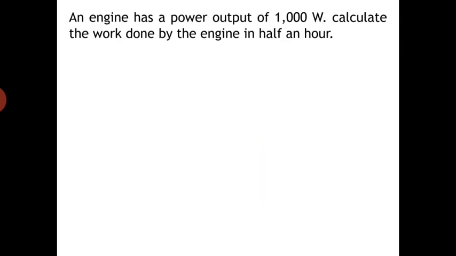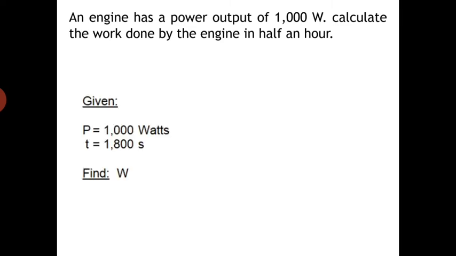For the last number, an engine has a power output of 1000 watts. Calculate the work done by the engine in half an hour. We have the given of 1000 watts of power, and half an hour, which is equivalent to 1800 seconds. So always remember that the time should be in terms of seconds.